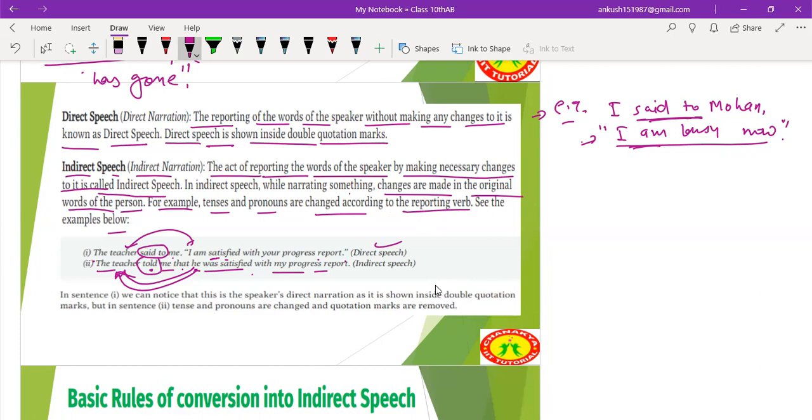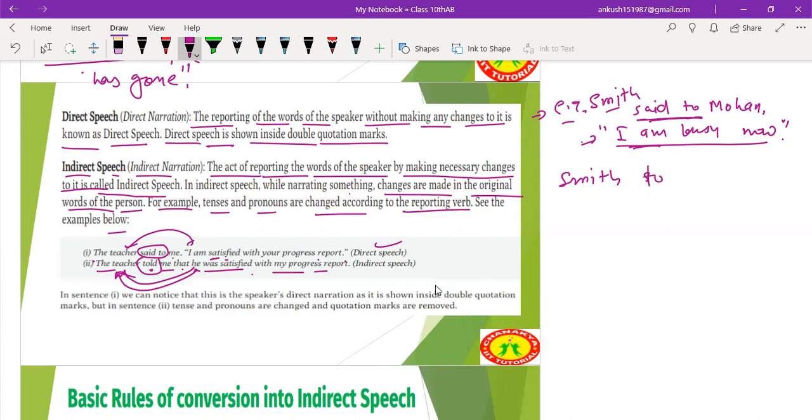So how would it change here? Instead of "I," we will take something like Smith. Okay, we take the example of Smith here. So what would be the narration, sorry, the indirect speech of this?